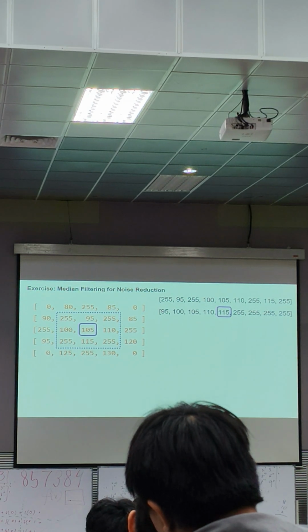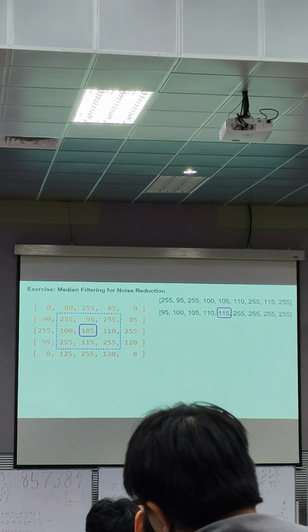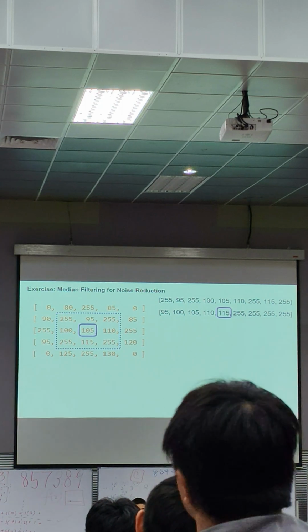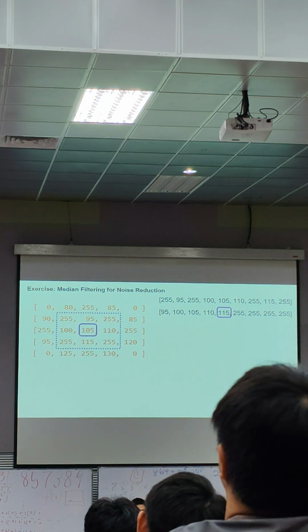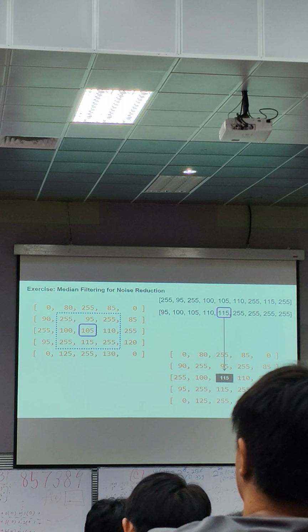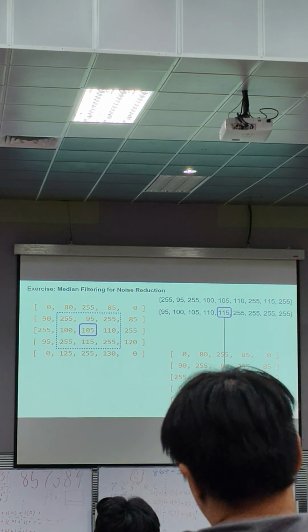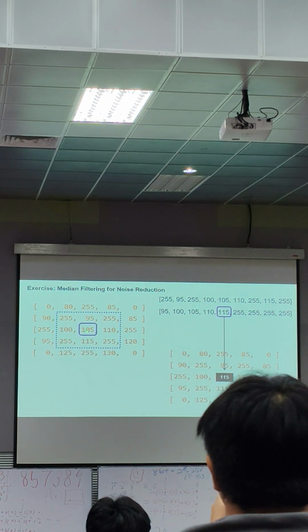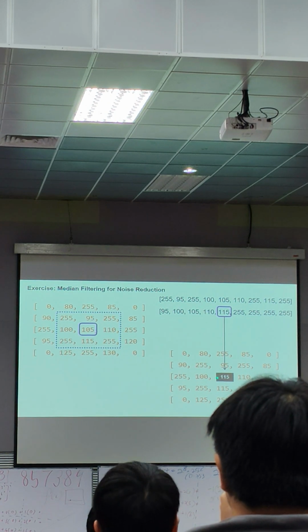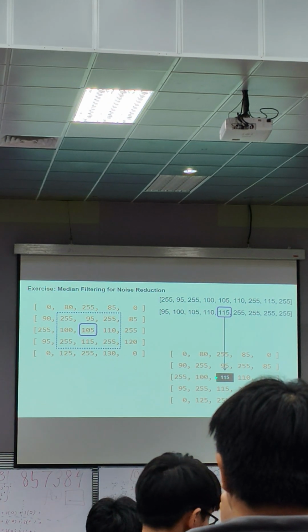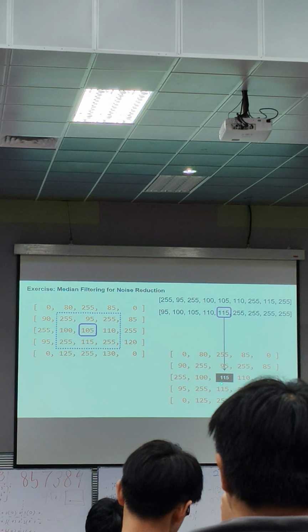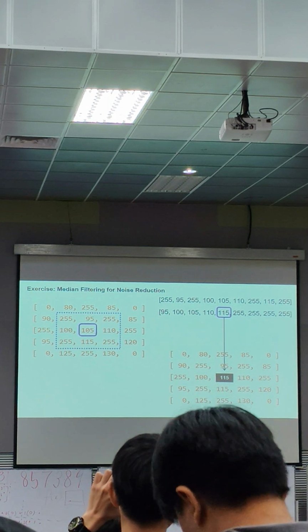Sort the values from the smallest to the largest one, get the median value. So I get 115, the result of this particular location will be turned into 115 after noise removal using median filter.